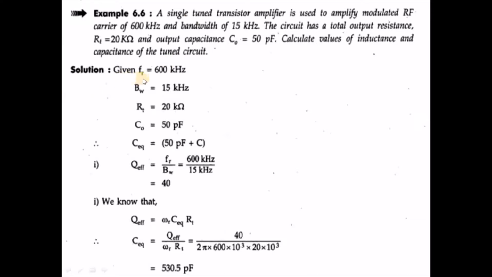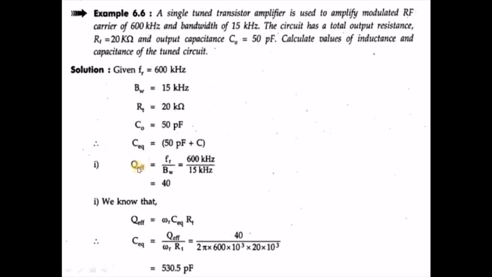The values given are the resonant frequency equal to 600 kHz, bandwidth given as 15 kHz, and the total resistance RT equal to 20 kilo ohms, C0 equal to 50 picofarad output capacitance, and C equivalent is a combination of C0 plus C. So here the C value we have to find.